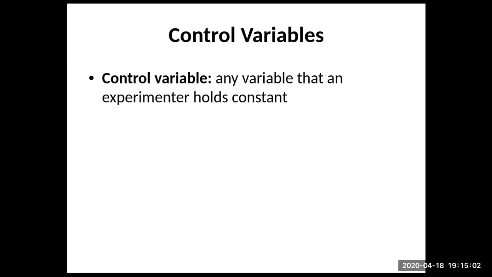So a control variable, again, is any variable that an experimenter holds constant, because the only difference we want between the groups, as we discussed at length, especially in the first experiment, the Stroop task, is the level of the independent variable. So those that studied versus those that didn't study. Everything else we want to be the same. For the Stroop task, we want everything to be the same except for the groups. So the I task and the N task, right?